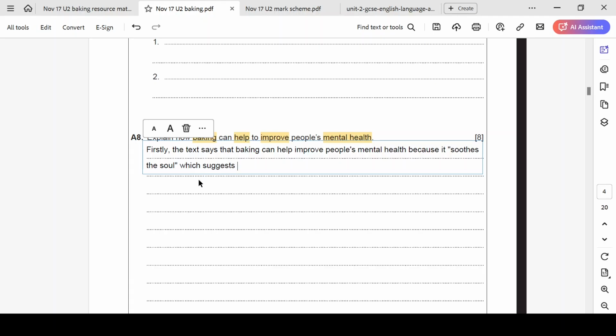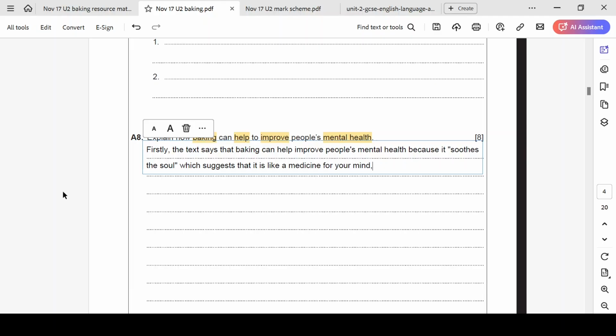When you've got a quote, tell the examiner that you know what it suggests, that it is like a sort of medicine, isn't it? If something soothes you, if you've been stung by nettles and you put some of that pink stuff on, whatever it's called, it soothes your skin. It's like a medicine for your mind.